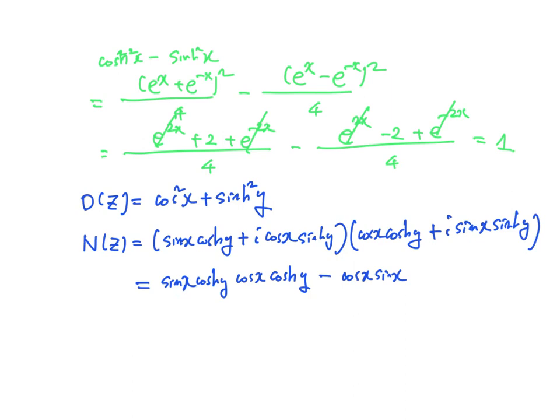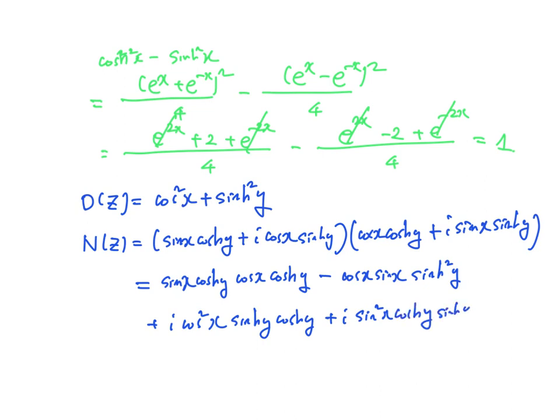This is minus sine hyperbolic square y plus I cosine square x sine square y cosine square y plus I sine square x cosine square y sine hyperbolic square y.